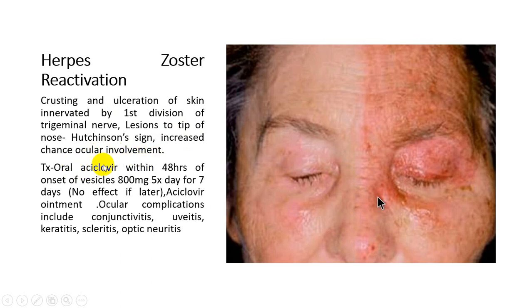Treatment is with oral acyclovir within 48 hours of onset of vesicles, 800 mg 5 times per day for 7 days. It may not be effective if used later, and you can also use acyclovir ointment. Ocular complications include conjunctivitis, uveitis, keratitis, scleritis, and optic neuritis.